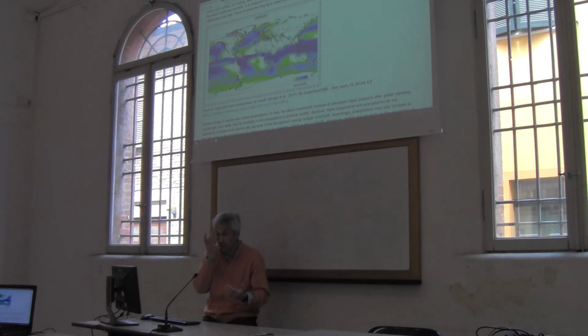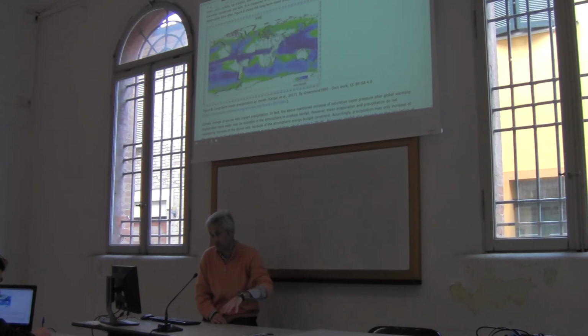The average precipitation of Italy is about 900 millimeters, which means that in Italy we have almost the same average precipitation of the globe. And you see that there are countries where we don't have much precipitation, and around the equator, in the tropics, we have amounts of precipitation that may reach 3 meters, 4 meters per year. So keep in mind the orders of magnitude.